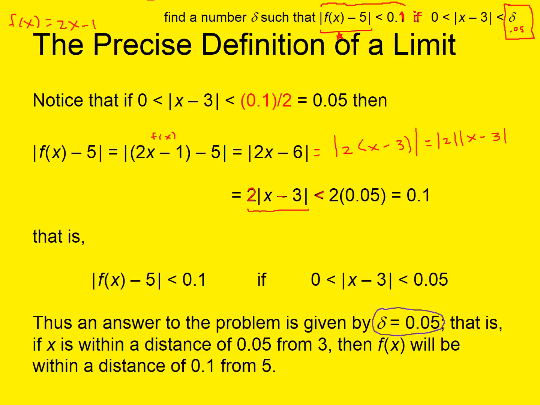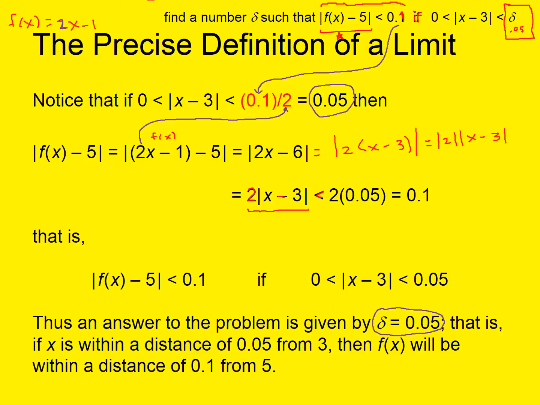So I think you agree that that's a good answer. It does do the job. But how do you come up with that?